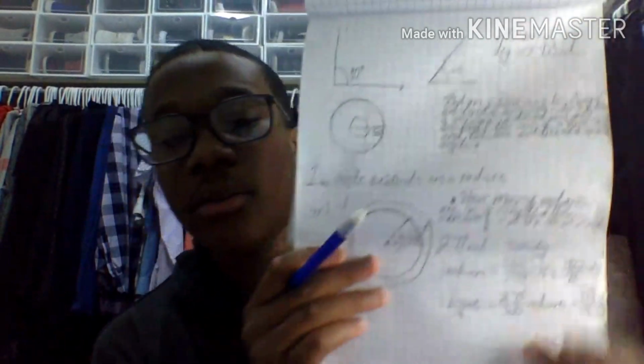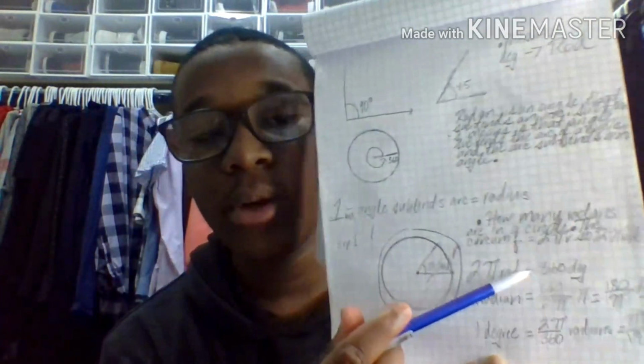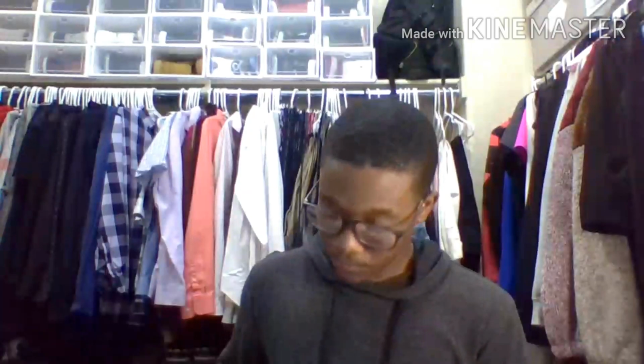So, pi over 2 radians equals how many degrees? Well, what we're going to have to do is convert from radians to degrees. And on the previous page, we put that 1 radian equals 360 over 2 pi, which equals 180 over pi degrees.